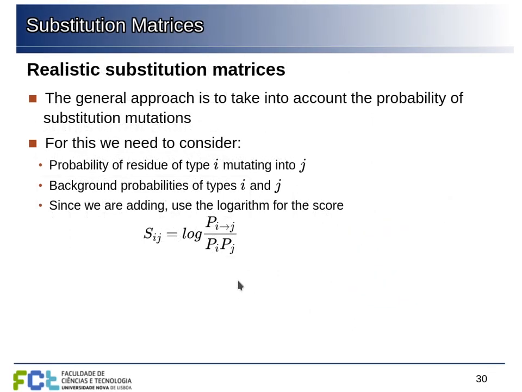To compute a substitution matrix, we are going to take the logarithm of the probability of exchanging some symbol I with some symbol J. This can be an amino acid residue in the case of proteins or nucleotides in the case of DNA, divided by the product of the probabilities of finding a residue of type I and finding a residue of type J. So this is calibrated according to how common or rare the residues are.